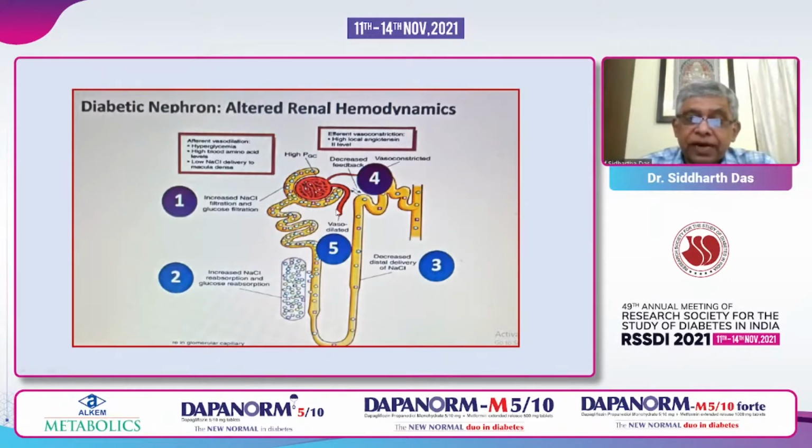So this leads to vasodilation of the afferent arterioles, and there is increased sodium chloride and glucose filtration at the Bowman's capsule, and subsequently increased sodium chloride and glucose reabsorption in the loop of Henle, and then decreased distal delivery of sodium chloride, which ultimately leads to efferent vasoconstriction and high local angiotensin 2 levels. The afferent is dilated, the efferent is constricted, and this is the classical thing which leads to a diabetic nephron.